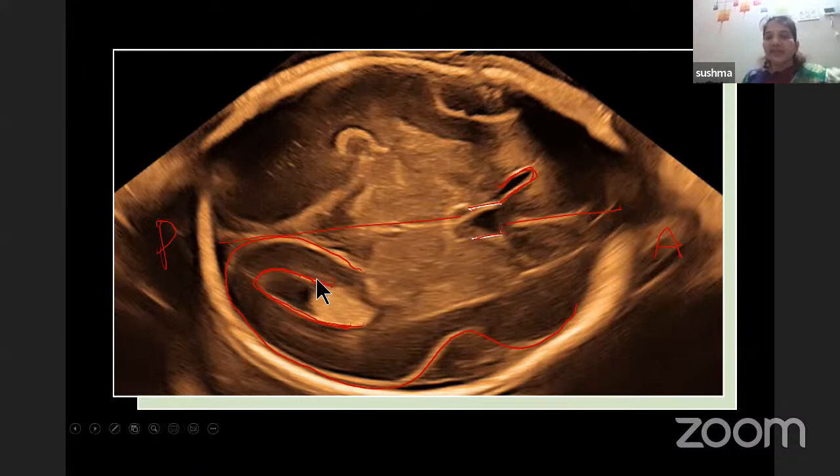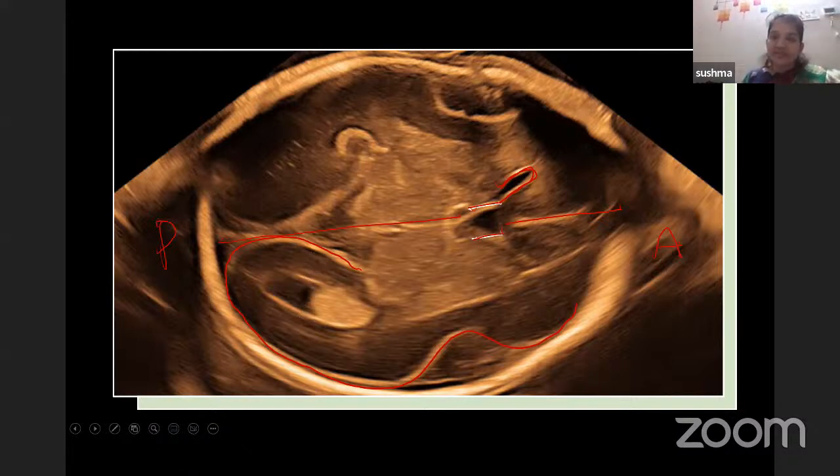So, in a low resolution machine, when the margins of the ventricle are not clearly defined, there is a high possibility that beginners can mistake the whole of the cerebral mantle, ventricle included, as ventricular diameter. So it is mistaken as ventriculomegaly.